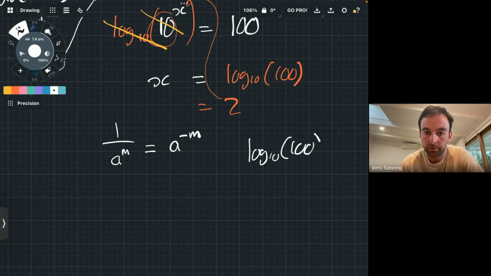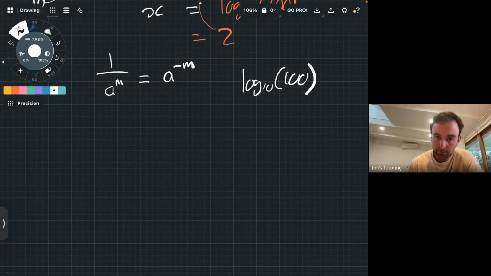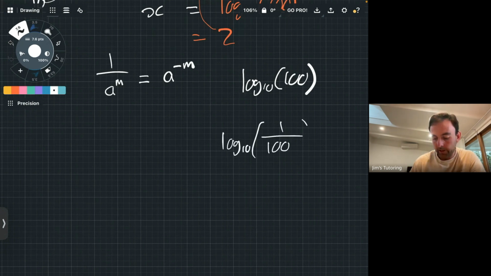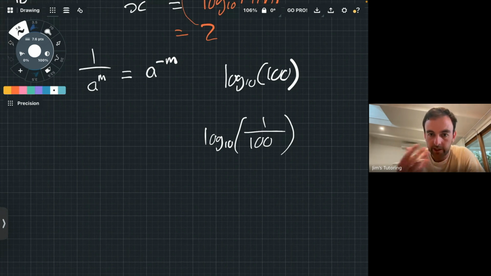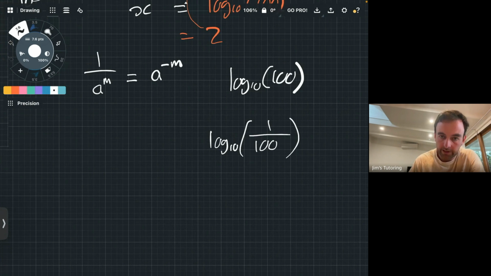We've gone through a pretty rigorous process of how to go through that. But where people do struggle sometimes is log 10 of 1 over 100. You can go through this process in scientific notation and get to an answer anyway, but this is quite a handy thing to remember.